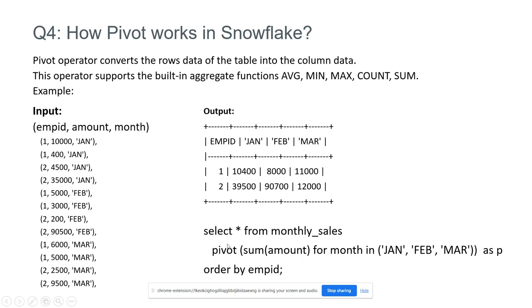This is very simple. We apply pivot on the sum of the amount, the aggregate amount, and the months I want to see. Like this we can apply the pivot, and if you run this query, the output will come like this. So this is pivot in Snowflake.